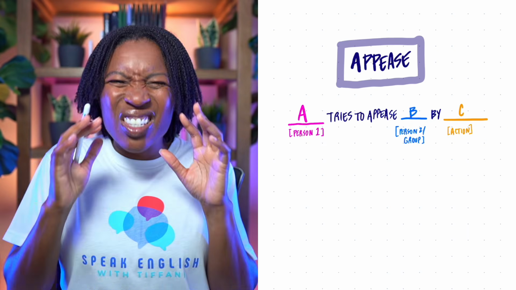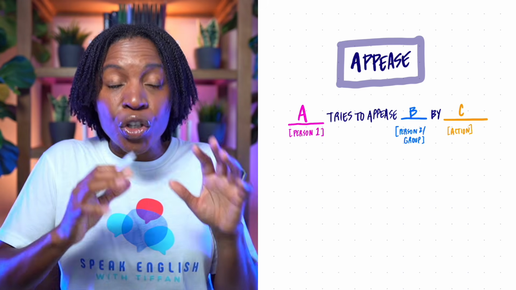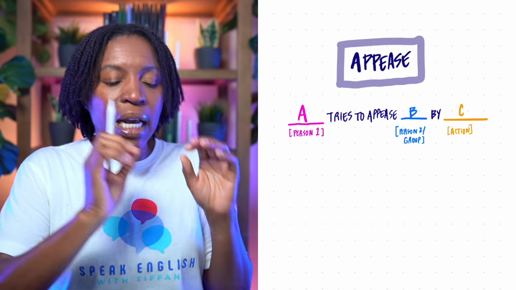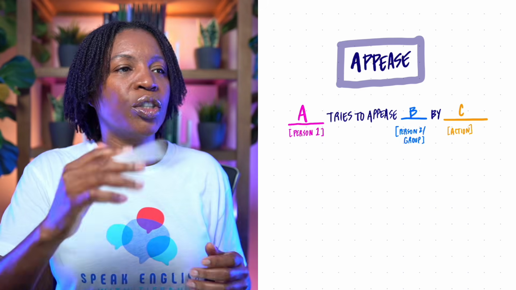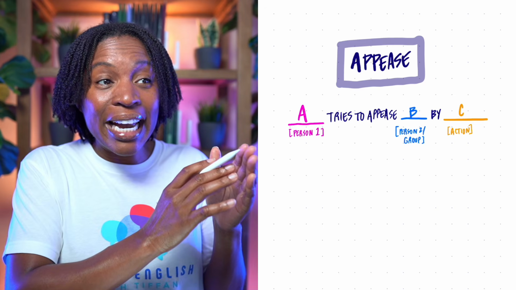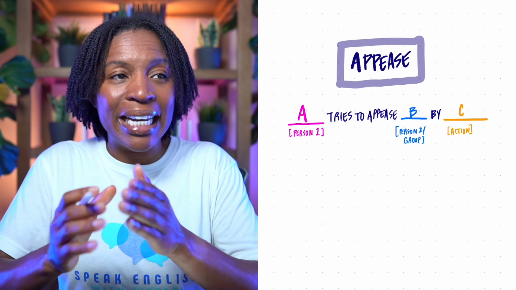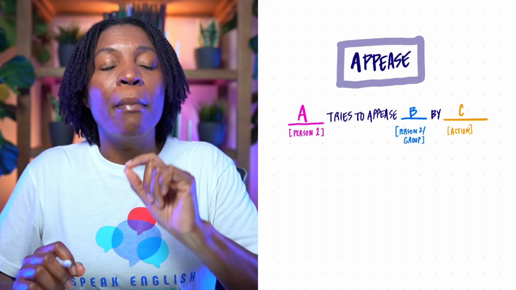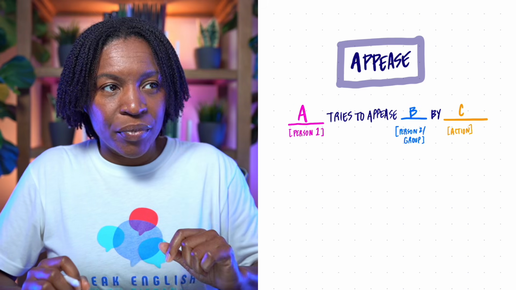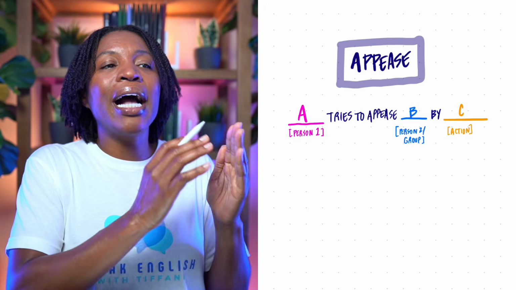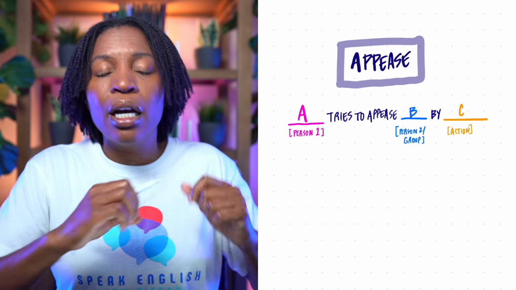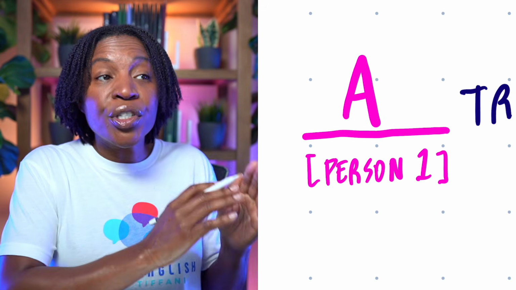Let's check out this simple sentence structure using the word appease. Here is the simple sentence structure. A tries to appease B by C. Again, A tries to appease B by C. Letter A represents person 1.